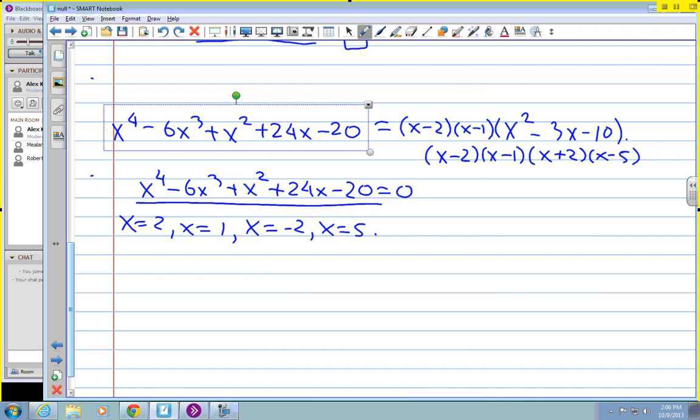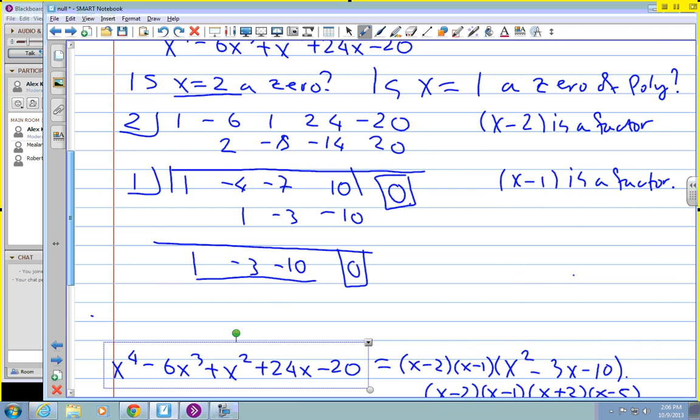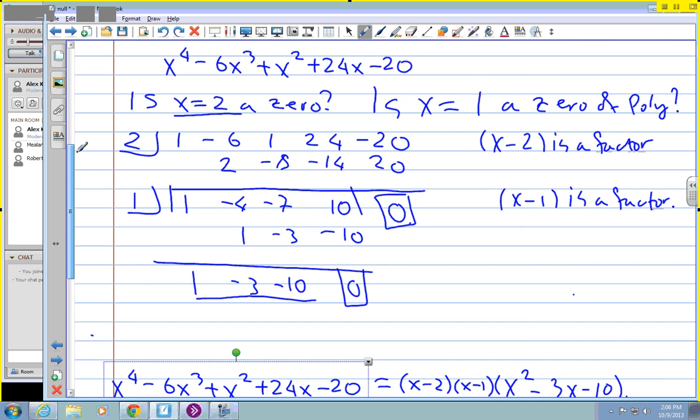But keep that one in mind. Do you understand what just happened? I mean, this whole idea. They gave us, okay, is 2 a 0? And we ran the synthetic division. We got 0 for the remainder, so the answer is yes, it's a 0. And then they gave us, well, how about 1? Is that going to work? So we ran 1, but through the quotient. And that is the biggest thing here, because if you run it back through the original, you just say yes, and then you're still left with some ugly quotient.